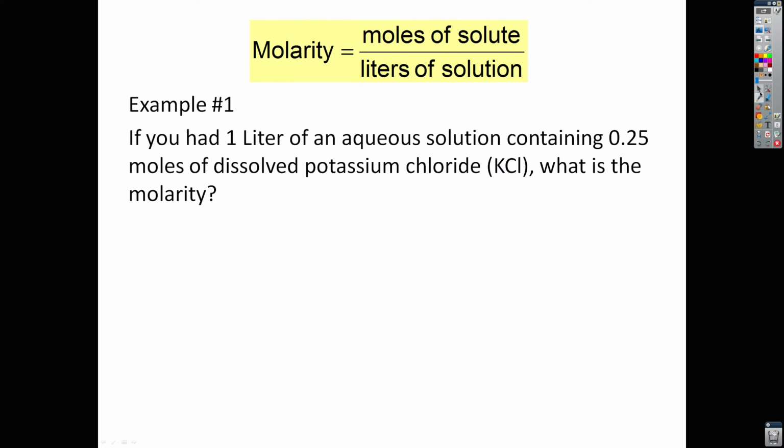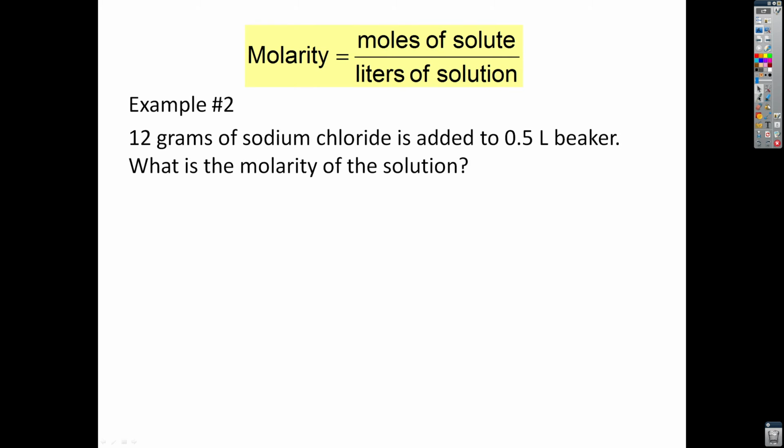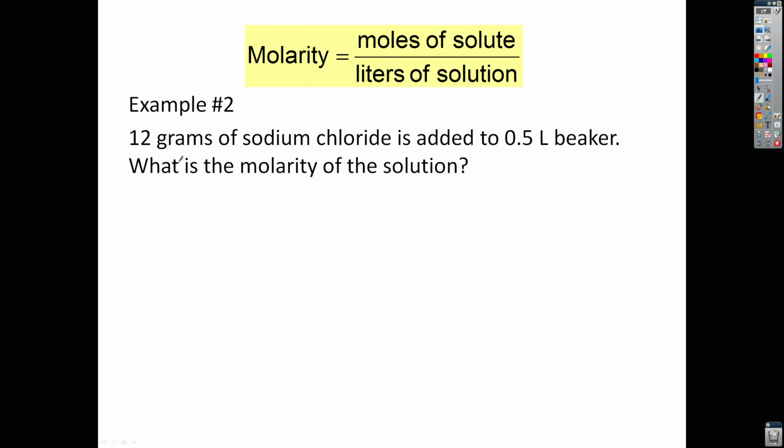Second example. Here I have 12 grams of sodium chloride added to a 0.5 liter beaker. What is the molarity? I'm not given moles in this problem, but I'm given grams, so we have to first convert grams to moles.